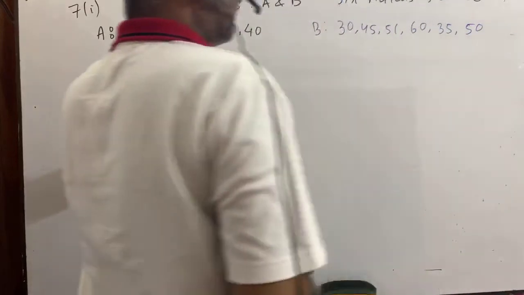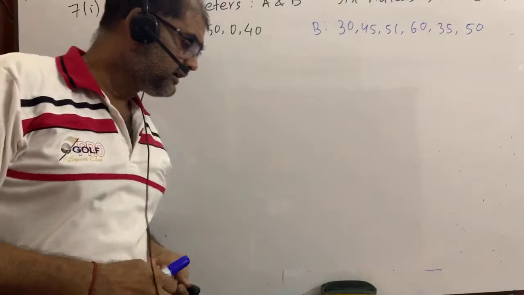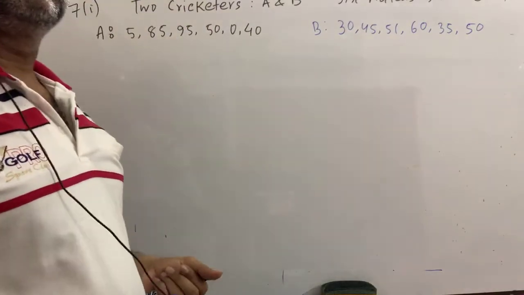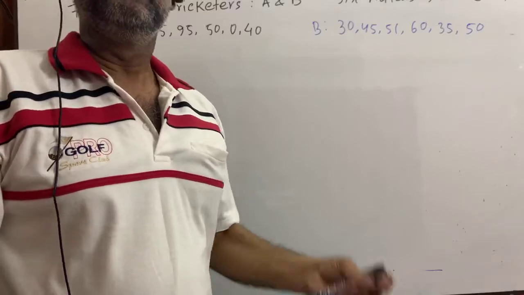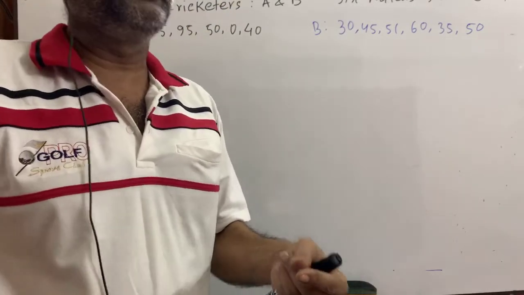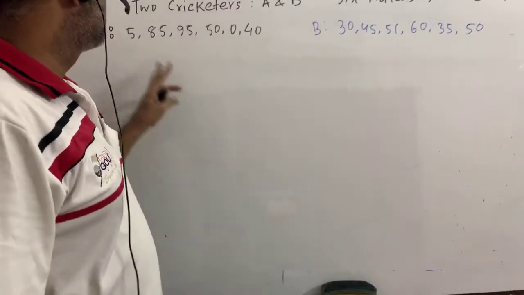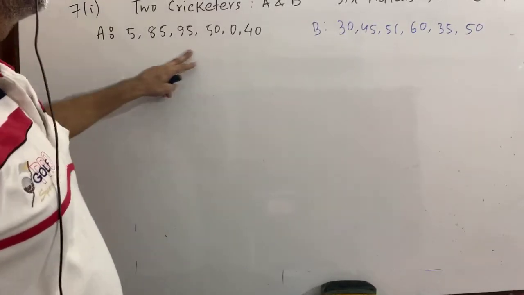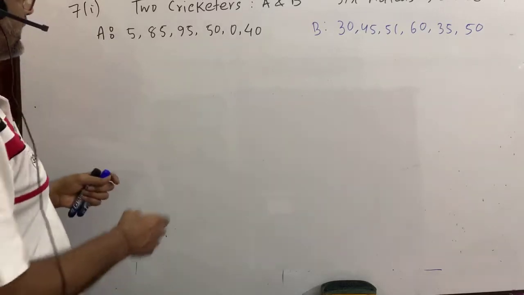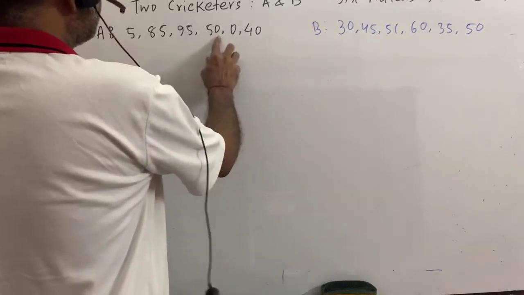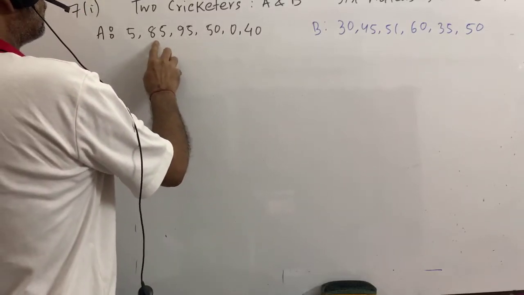Dear students, can you tell me which cricketer is comparatively better? It is my question to you. Okay, let's see. What is the sum of the scores of cricketer A? If we go for adding, it will be 90, 185, 270, 275.